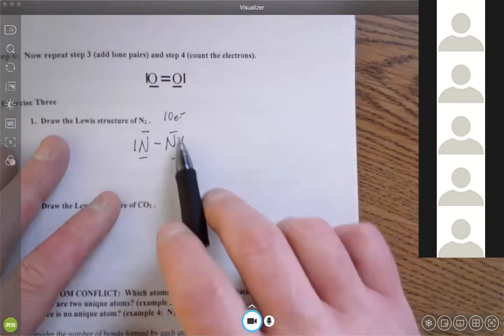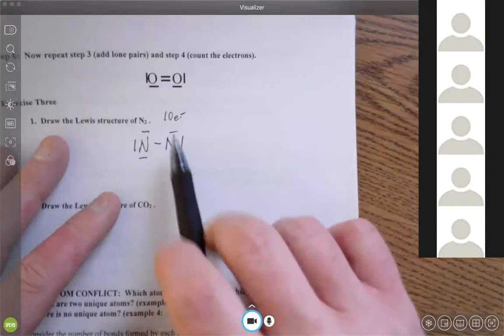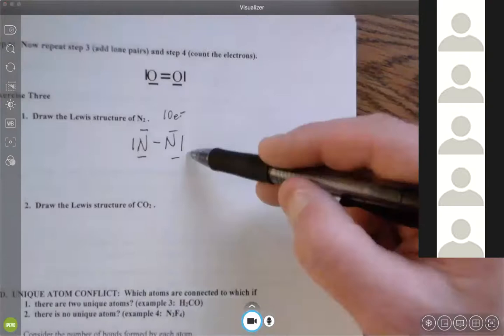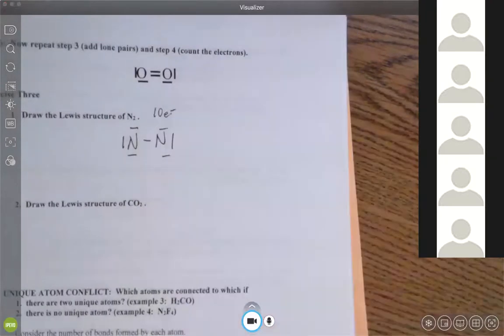We end up with 14 total. We're how many over our 10? 4 over our 10. That means we're 2 pairs over our 10. So that means we need 2 more bonds put in.